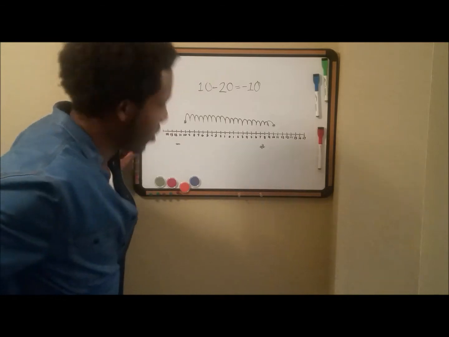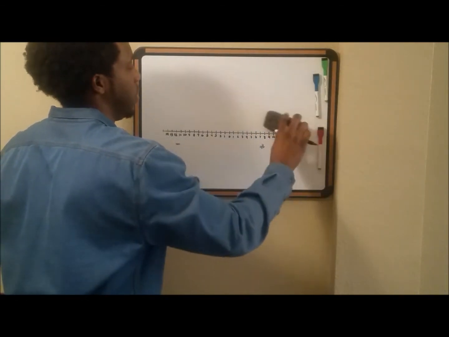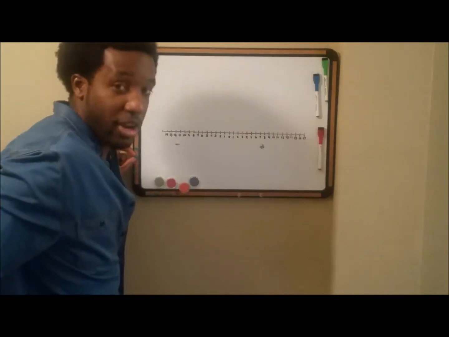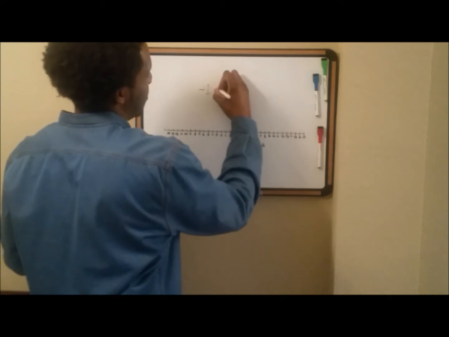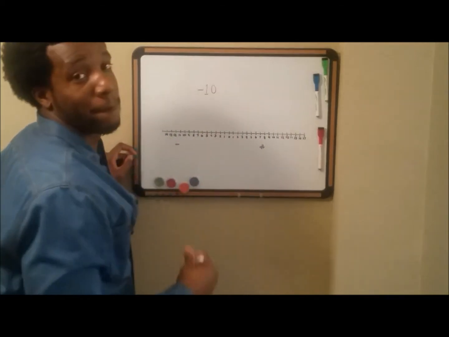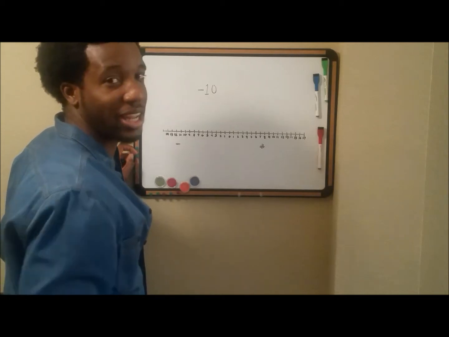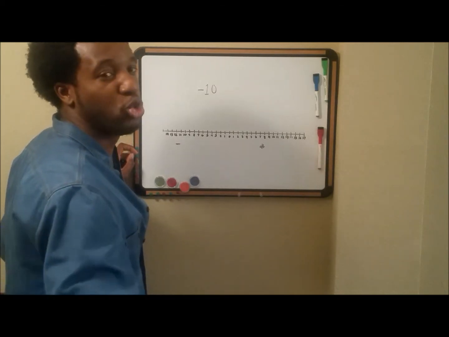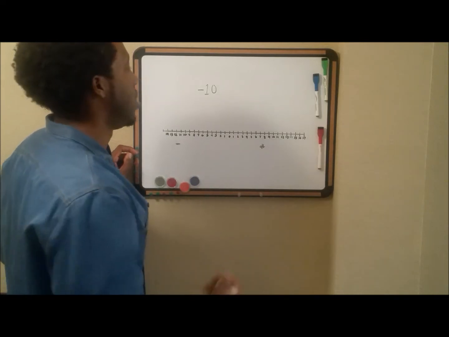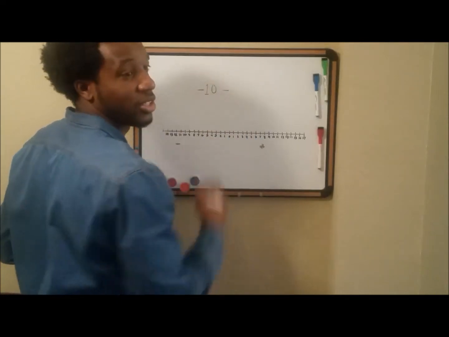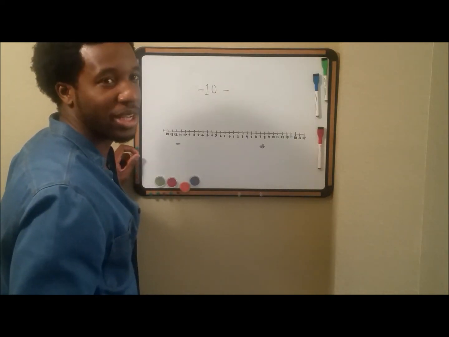All right. So now, if you're ever in debt, so let's say you have negative $10. How do you get out of debt? You gotta take that debt away. You gotta lose that debt. Now remember, anytime we're talking about losing something, we're doing negatives. All right, so if you're losing debt, what does that mean?